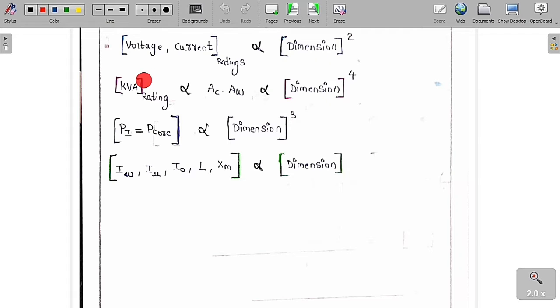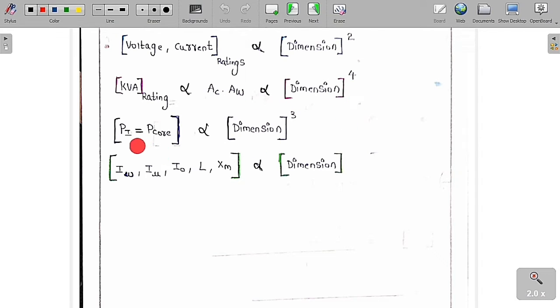See, voltage rating and current rating are directly proportional to dimension square. Whereas the KVA rating is directly proportional to the area of the core and the area of the window. It means that dimension square times dimension square is dimension to the power of 4.